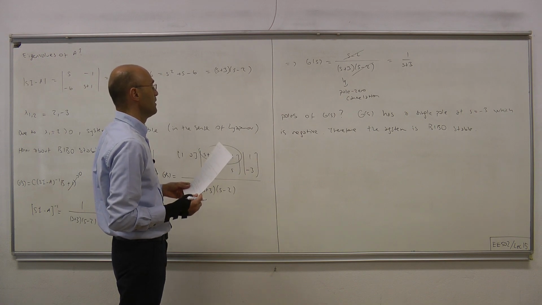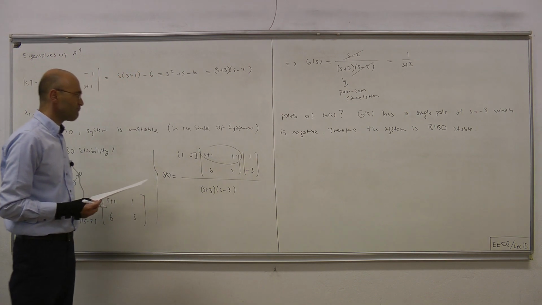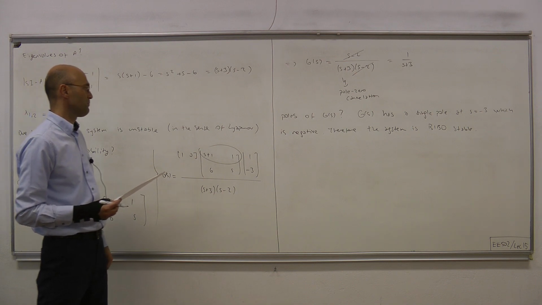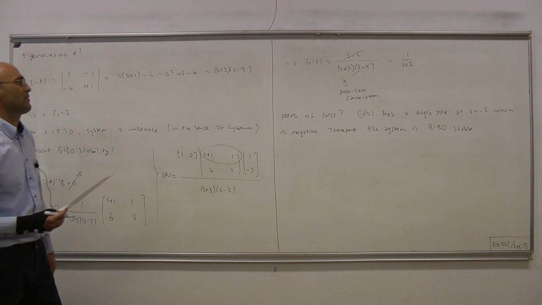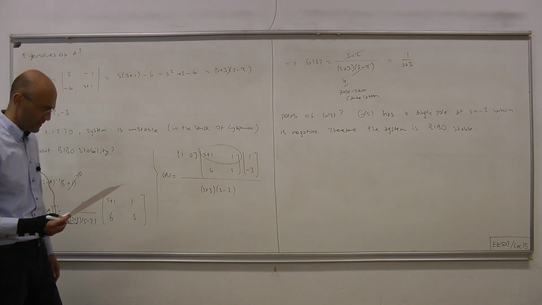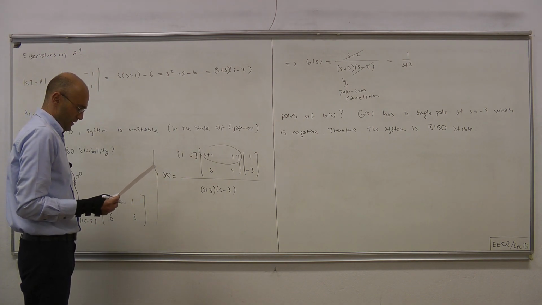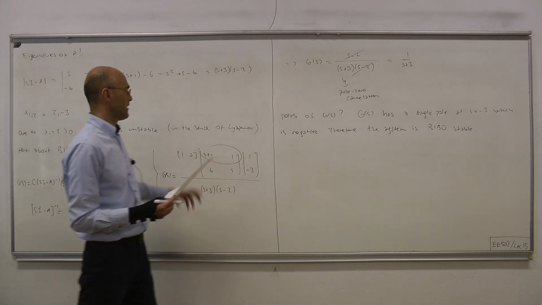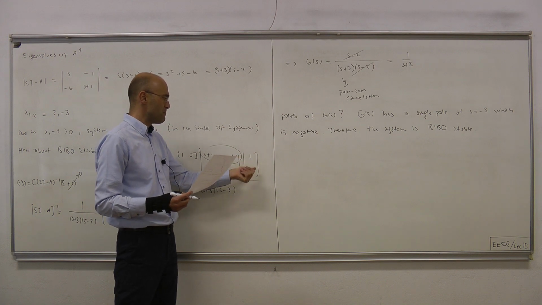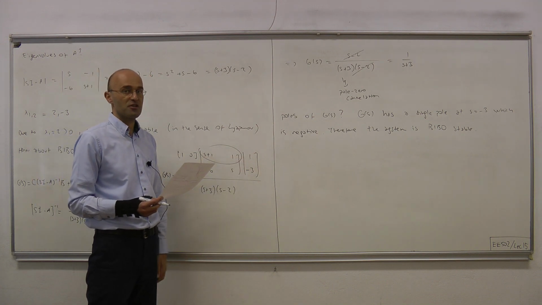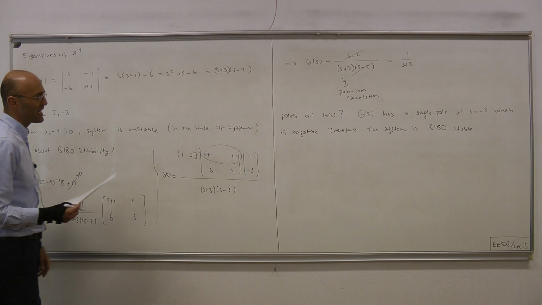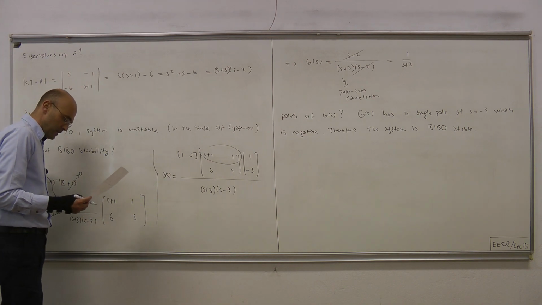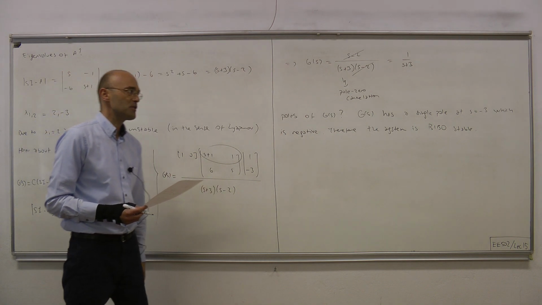Okay. Now, this pole zero cancellation has to do, indirectly, with the fact that this B matrix, in this case just the vector 1, minus 3, is the eigenvector, I'm talking about the A matrix eigenvector, corresponding to the stable eigenvalue at minus 3.